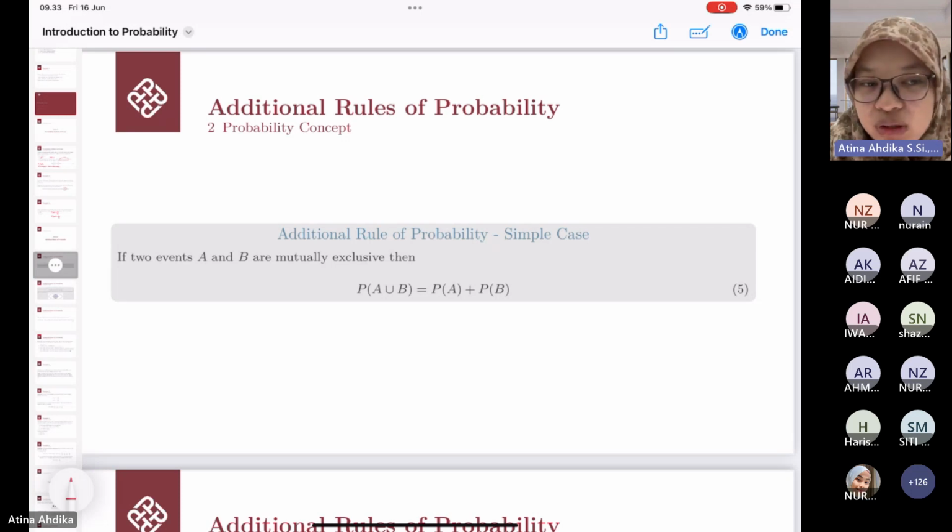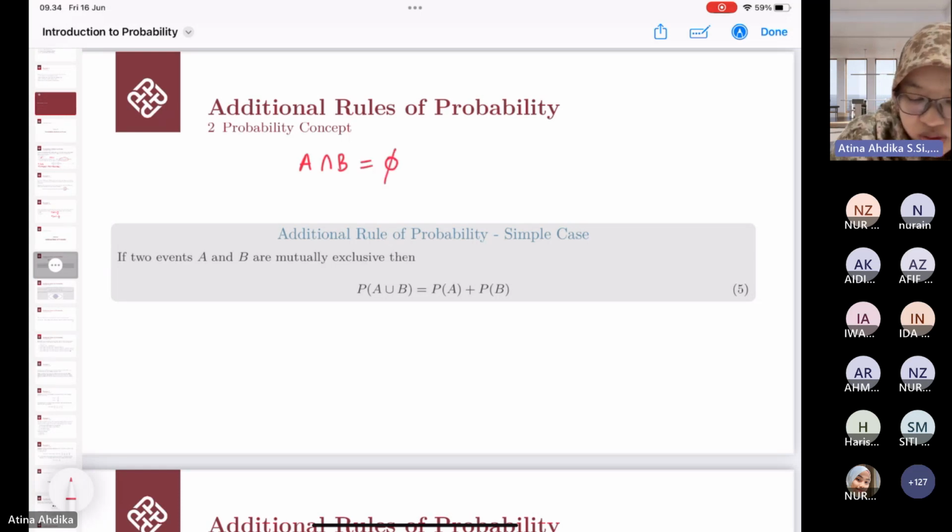So if we have two events, A and B, that are mutually exclusive, we have to remind that A and B are said to be mutually exclusive if there is no intersection between A and B. So if A and B are mutually exclusive, or in other words, there is no intersection between A and B, then the probability of the union of A and B will be the summation of the probability of A and the probability of B.